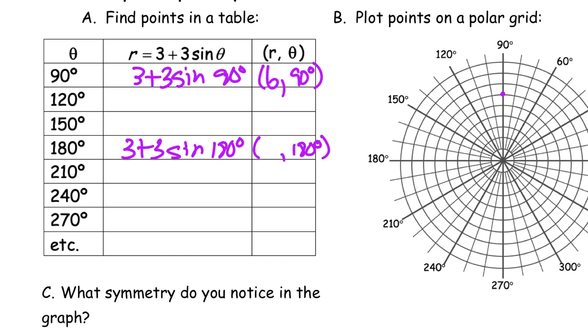Sorry, my bad. I was thinking I was at 270. That's the one I was thinking I picked. 3, 3. Zero.